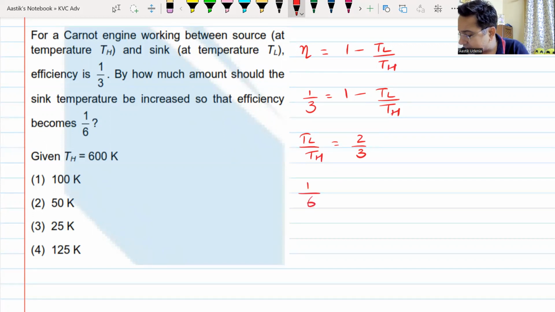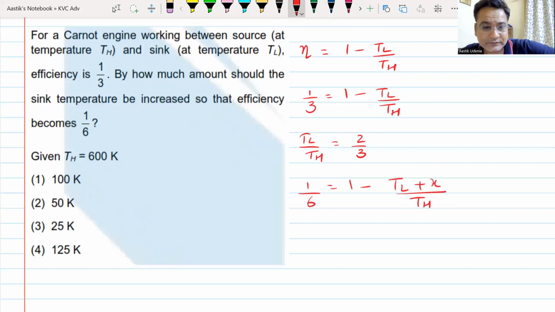So 1 by 6 becomes 1 minus (TL plus X) divided by TH. Yes or no? So from here you will get (TL plus X) divided by TH equal to 5 by 6.